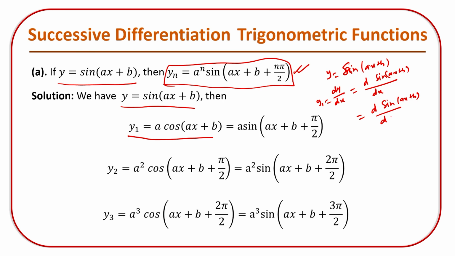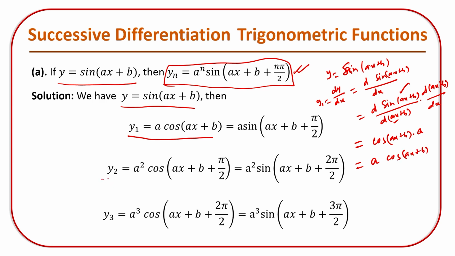The sine function is known, so we have to use the chain rule. This comes out to be cos of ax plus b, because the arguments are the same here, and then a. So this comes out to be a cos of ax plus b, right?